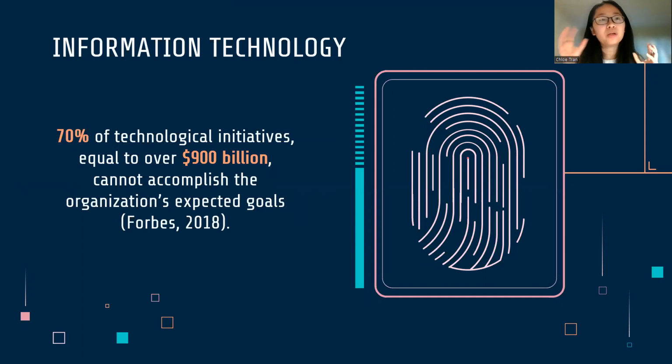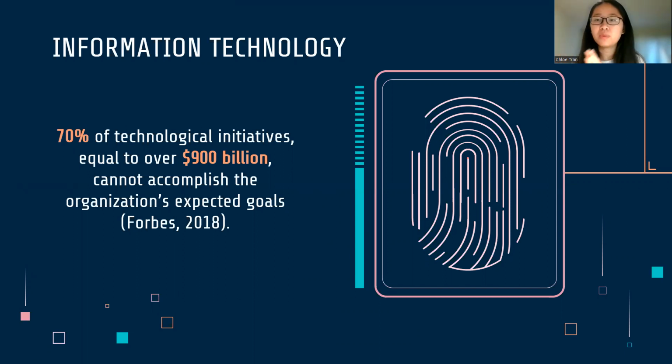So actually the application of information technology is very familiar and popular for every customer right now. Like the customer can play Pokemon Go, or the customer can interact with the brand through the chatbot in Facebook.